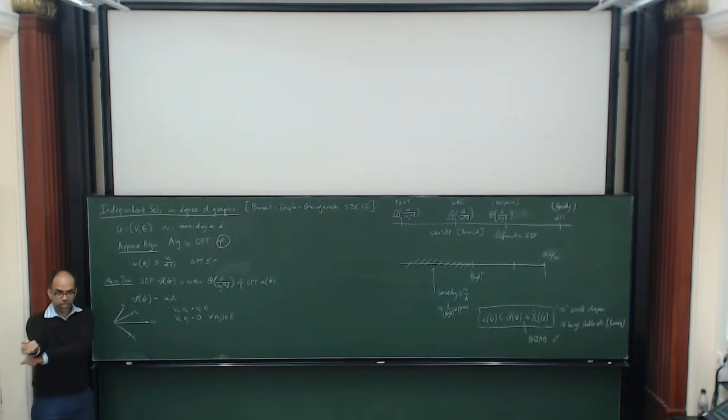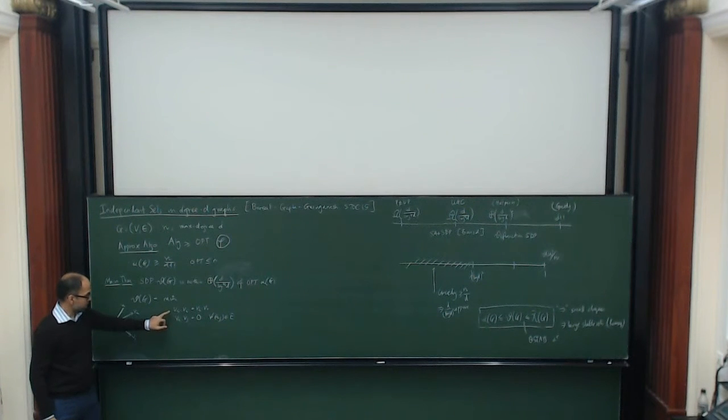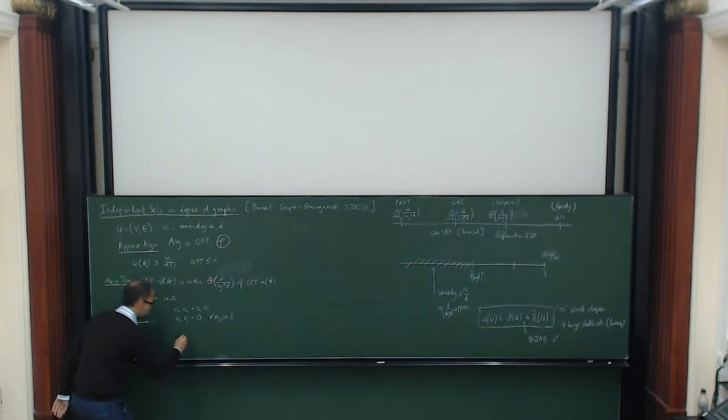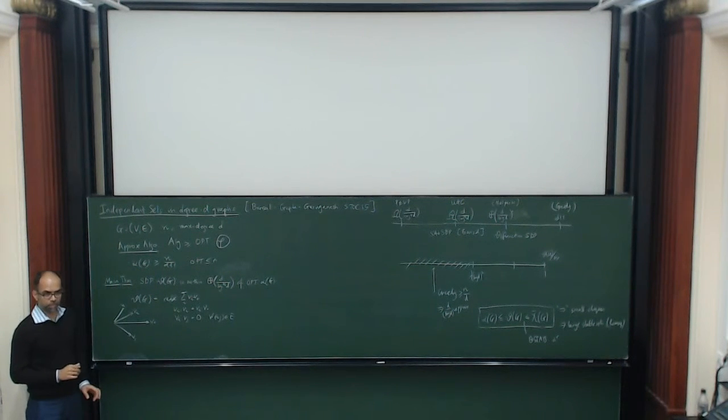So I'm assigning vectors to vertices so that if there's an edge, then these are orthogonal to each other. The projection onto V0 is the same as the squared length of Vi. And I want to maximize the sum over i of Vi dot V0. Okay?